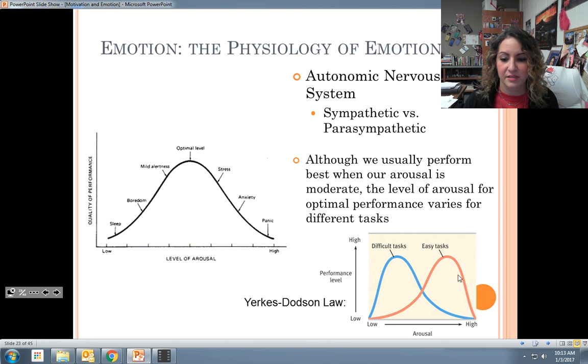But for easy tasks, like holding a baby, which is not a difficult task, anyone can hold a baby, you probably need a little bit of stress and not carelessness, because you have to support their head and their back and make sure that you're holding them tightly. If you're really calm and relaxed, you could drop the baby. So you need a little bit of stress when holding a baby, but almost next to no stress when you're defusing a bomb, to do the best.